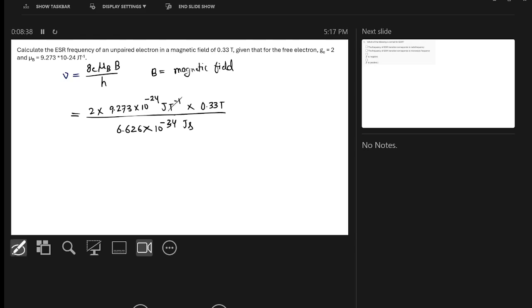The Tesla cancels out, and the joule will cancel out. When you solve the whole equation, you will get something like 9 into 10 to the power 3 per second.